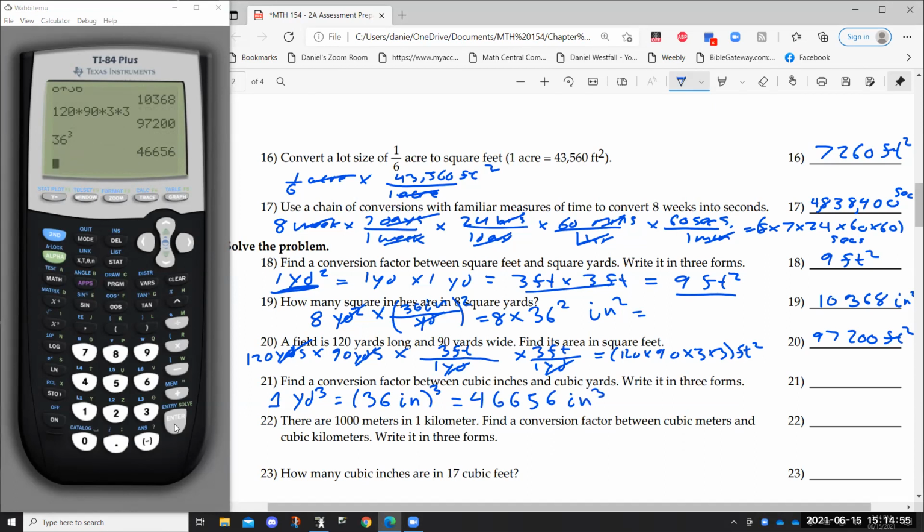So a cubic yard. 1 yard is 36 inches. So I'm going to cube that. I'm going to replace the 1 yard with 36 inches. Then I'm going to do the cubing. And I'm going to say that this is 1 square yard. So 1 square yard is equal to 3 feet squared equals 9 square feet.